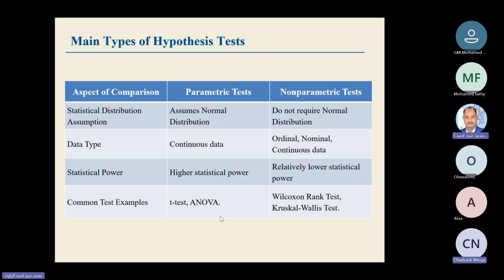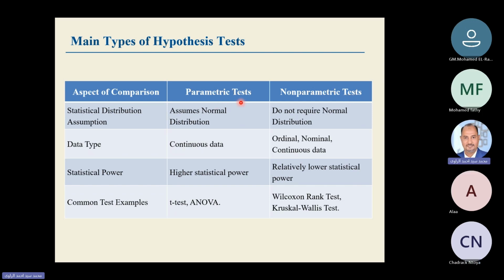So we have two main types of hypothesis testing: parametric tests and non-parametric tests. As we said, the normal distribution is very important because a parametric test assumes that the data should follow a normal distribution. But in a non-parametric test, the data need not be normally distributed; it can follow any distribution.